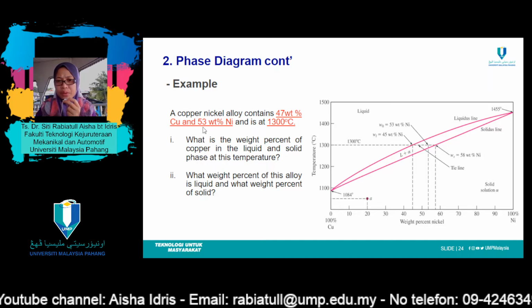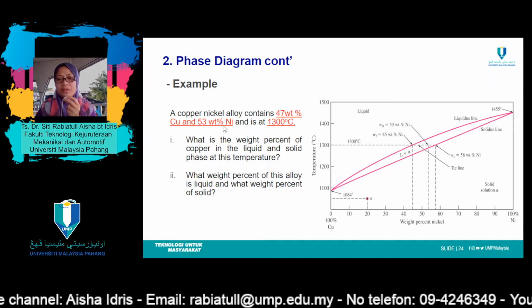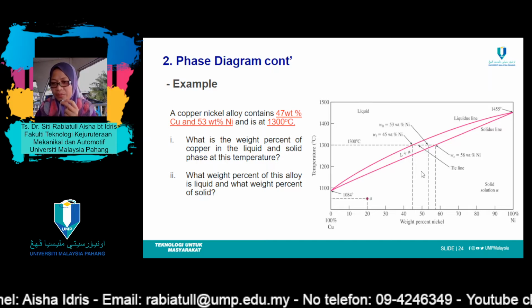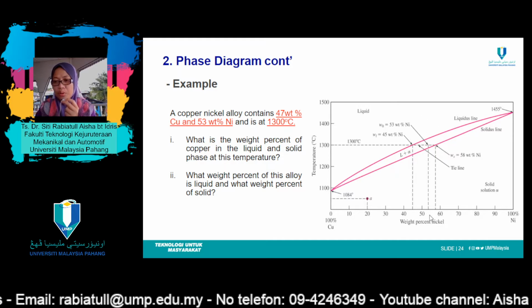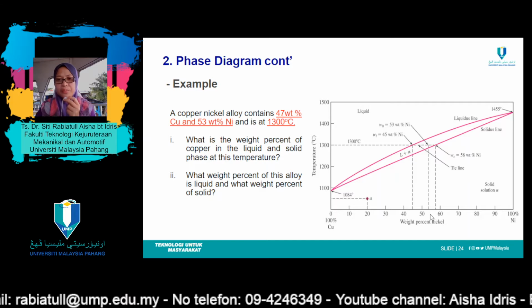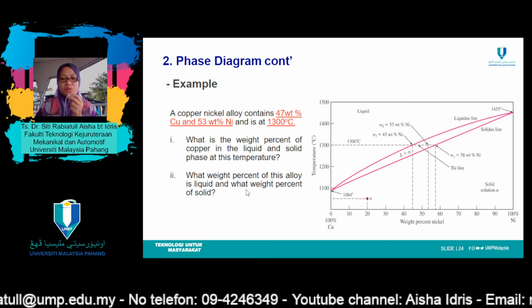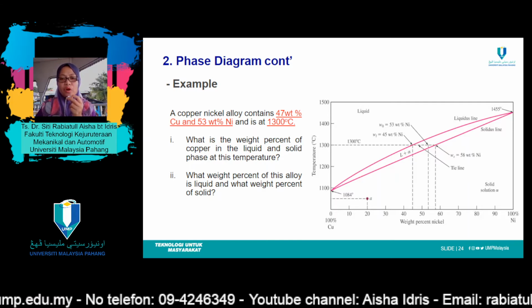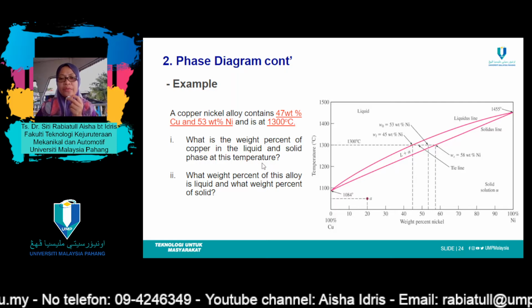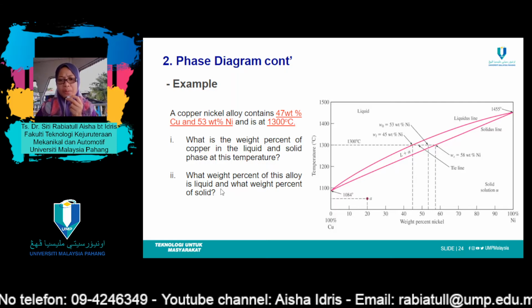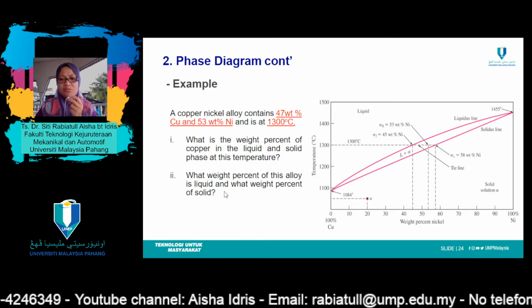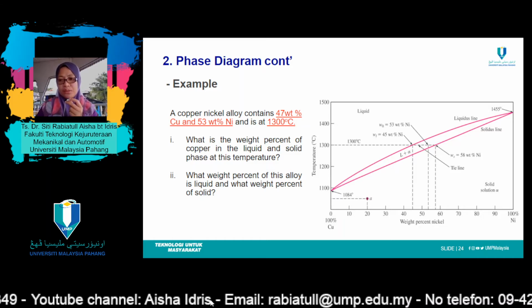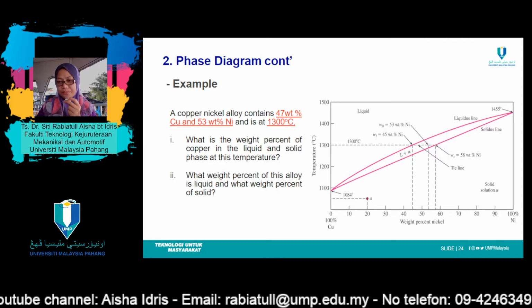Sorry, this one we use 53% nickel. So 53, this line. This is the C naught for nickel, 53%. The question asks you to determine the weight percentage of copper in the liquid and solid phase at a given temperature, and what weight percentage of this alloy is liquid and what percentage is solid. So let's do this example together.